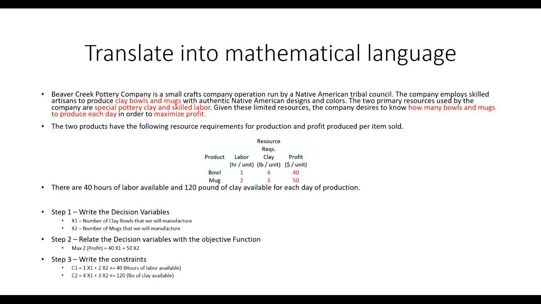We've collected it here, and the final step is writing it in the proper format. Every time we do a question like this, we have to write our equations in exactly the same format. And we see that here.